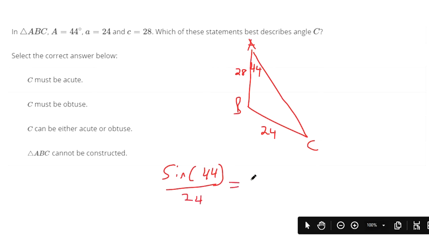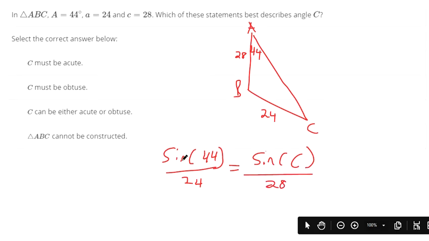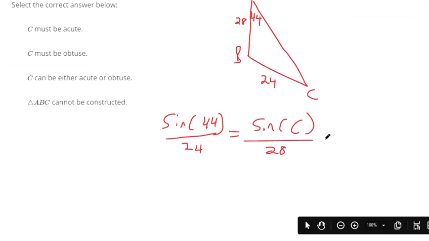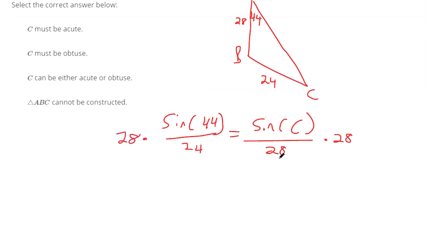That should be equal to sine of C over its corresponding side. Sometimes you'll see this as lowercase a over sine of capital A. That'll do the same thing. Okay, so we have an equation to solve. Let's save ourselves some trouble and just multiply 28 to both sides, because those will cancel.